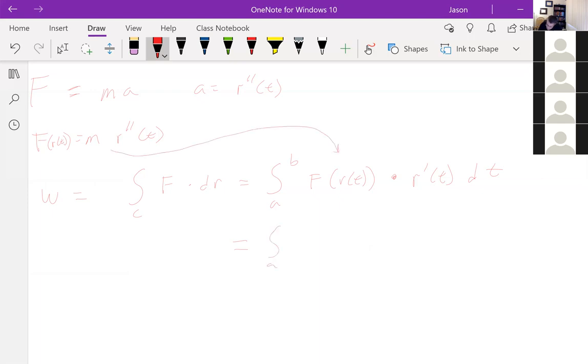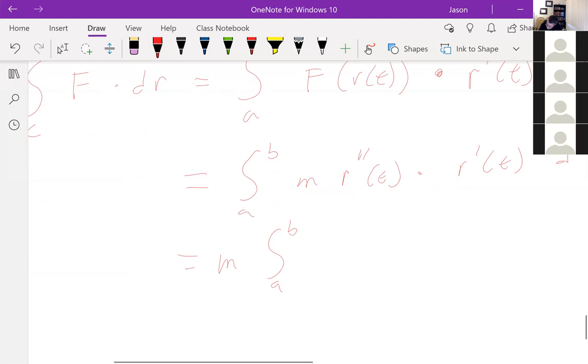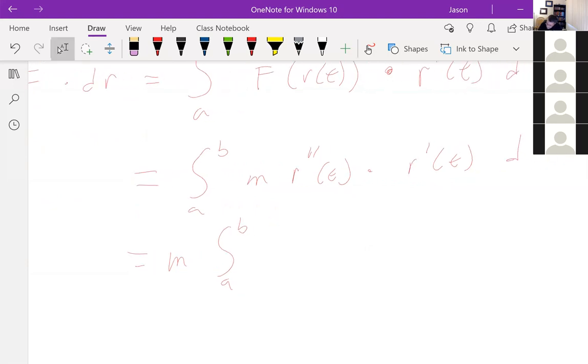So we get m r double prime of t dotted with r prime of t dt. I'm going to pull the m out in front. This is going to be A to B, and this is the dot product, by the way, r double prime of t dotted with r prime of t.